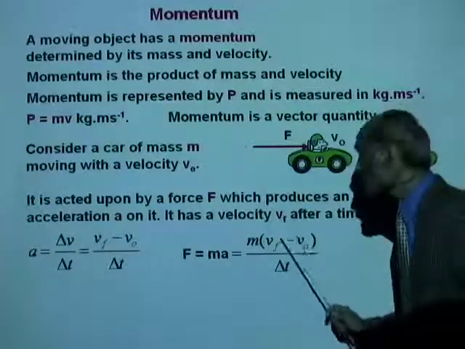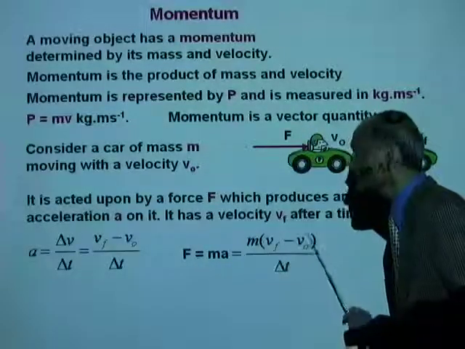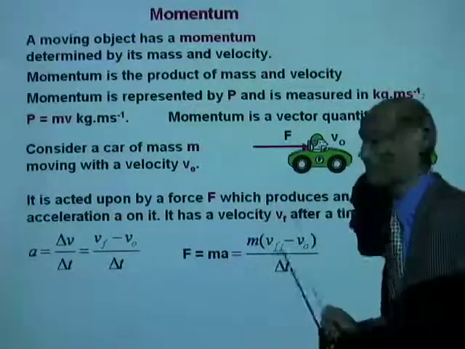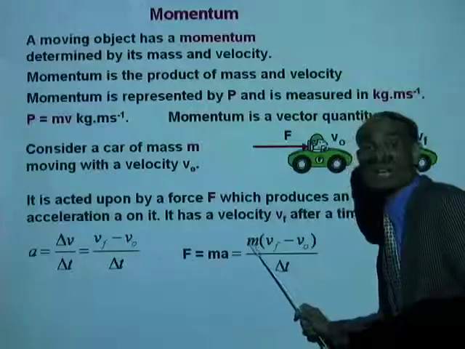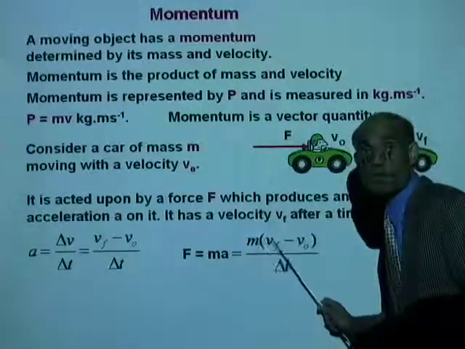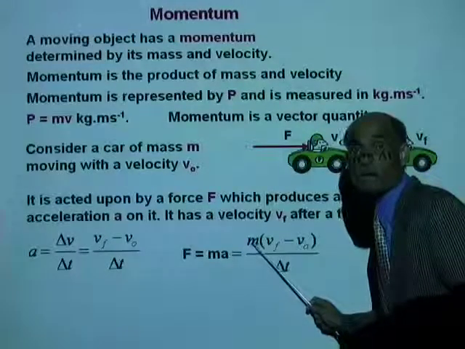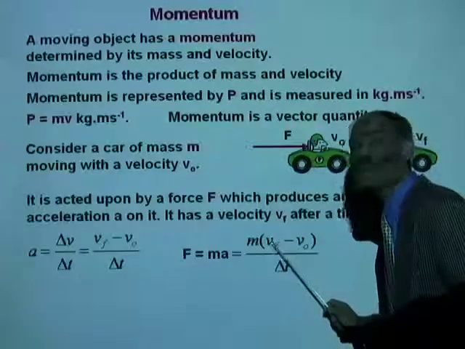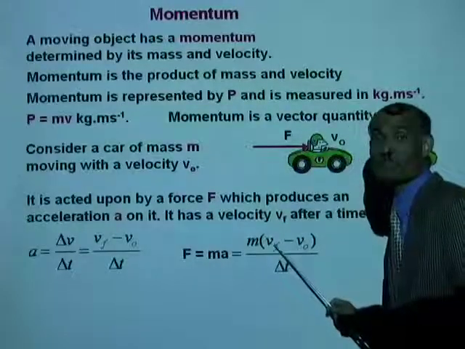Now take a moment and look at the numerator quantity and tell me, what does that represent? If I now multiply by m, or distribute that m, it will be m times vf. What does m times vf represent?